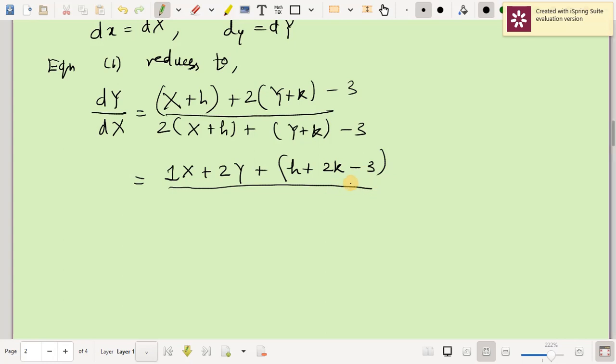The whole thing upon 2X plus 1Y, and the constant term, that is 2h plus k minus 3. So that's your dY by dX after substituting. I'll call this equation 2.